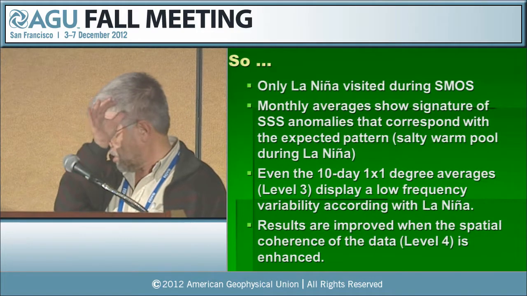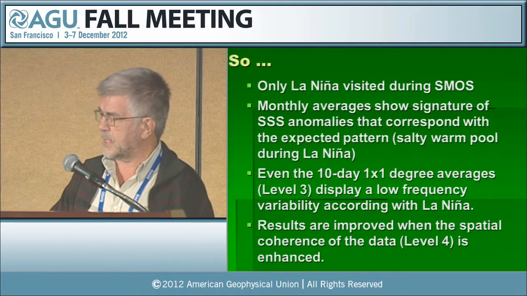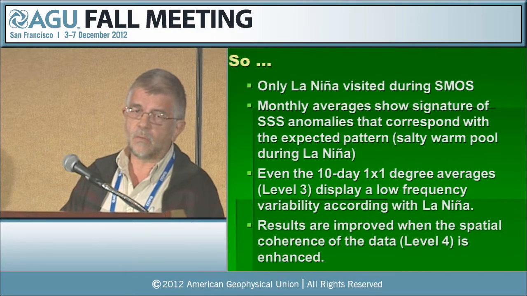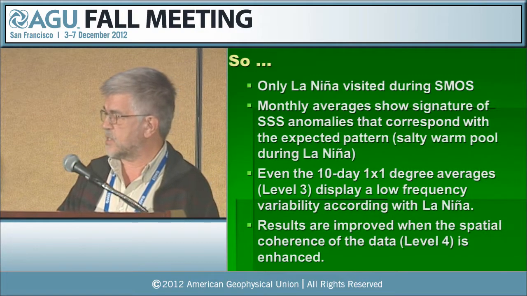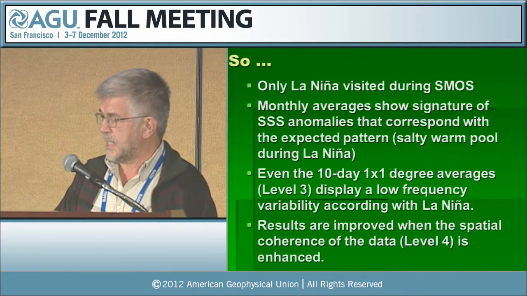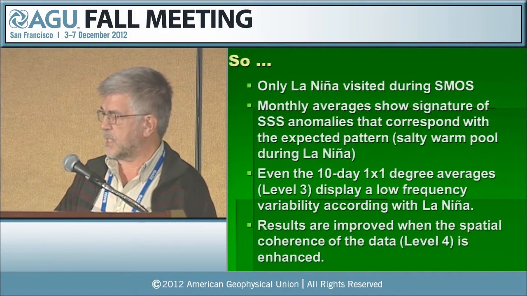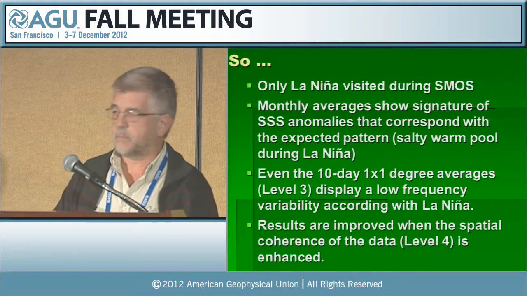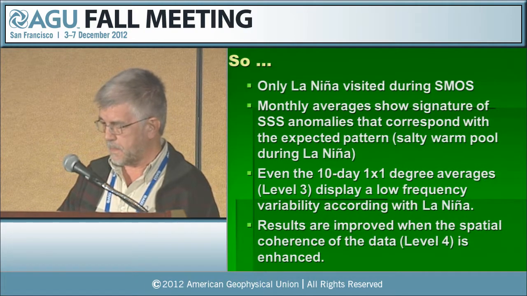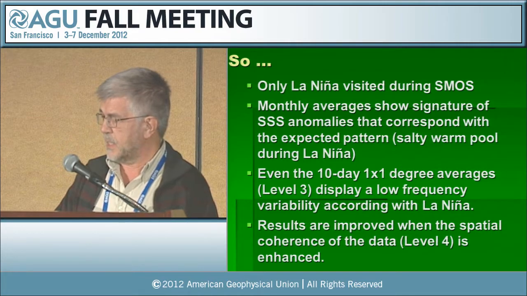So just to finish, we see that we have only been in the La Niña phase during SMOS data, and that the monthly averages show a signature of the anomalies that is consistent with the expected pattern obtained during La Niña.